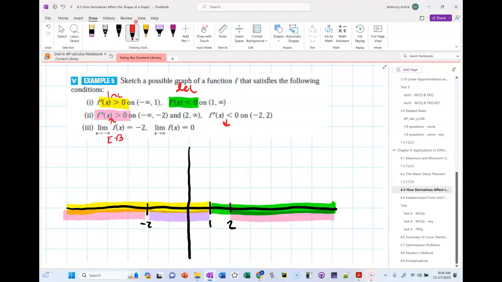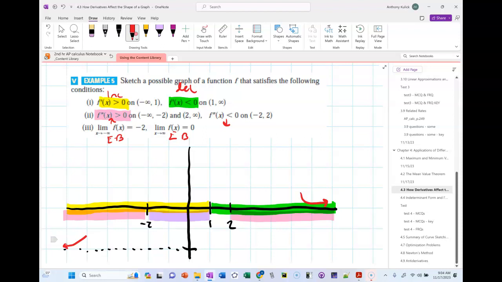So at negative infinity, we need to be following -2. And at positive infinity, we need to be following 0. Everybody okay with what I did there?